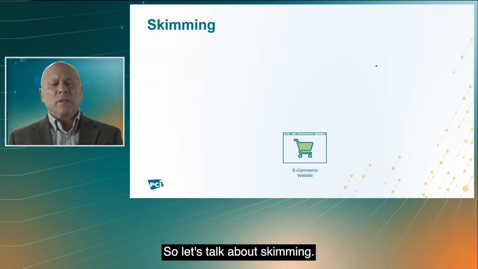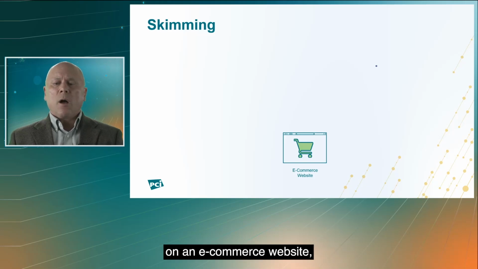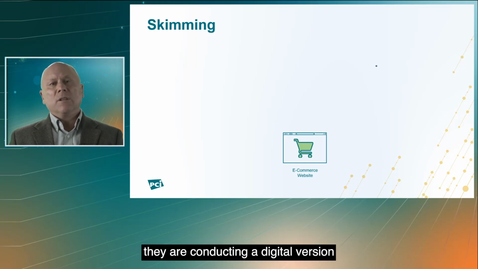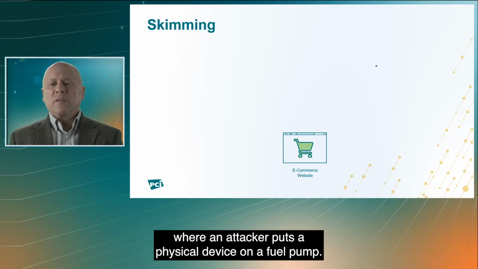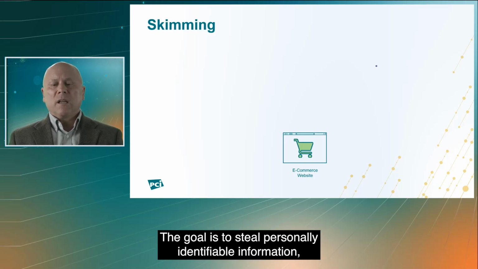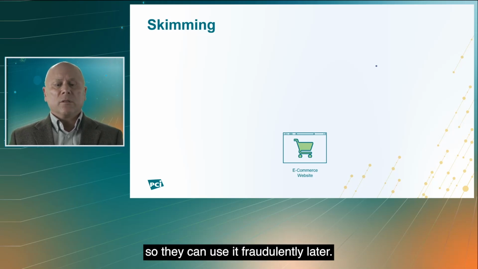So let's talk about skimming. When hackers insert a malicious script on an e-commerce website, they are conducting a digital version of the physical attacks where an attacker puts a physical device on a fuel pump. The goal is to steal personally identifiable information, or more specifically, payment account data, so they can use it fraudulently later.